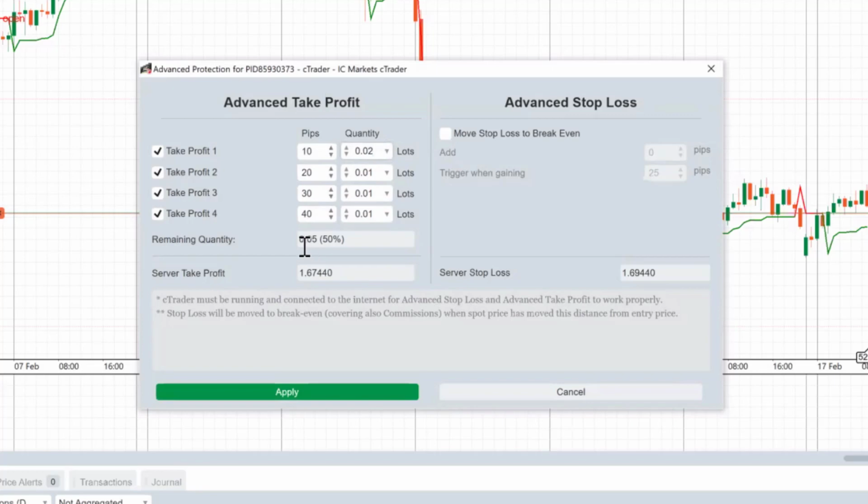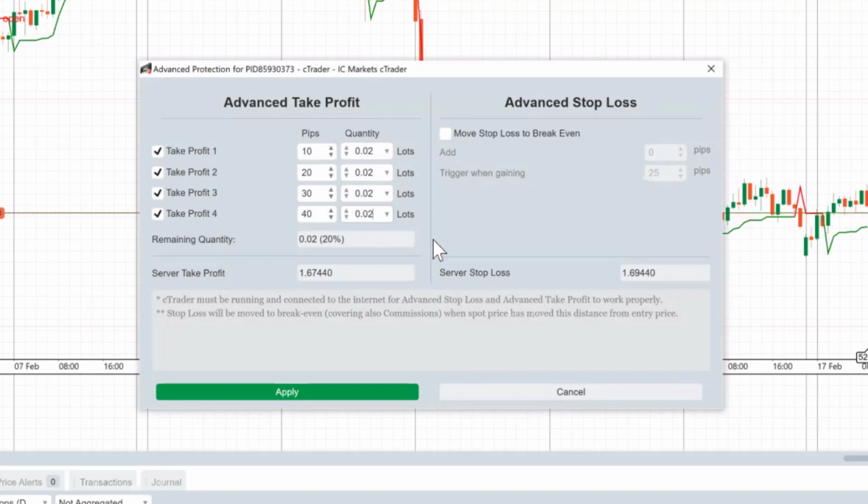And it tells me at the bottom here the quantity I've got remaining. So we do another 0.2, 0.2 and 0.2. So that would leave me, if it hits all these levels, with 0.02 remaining.